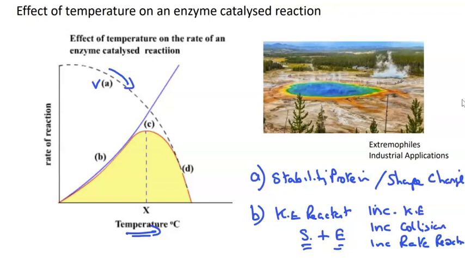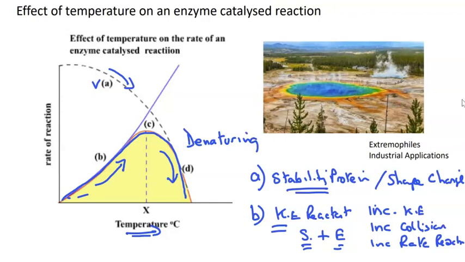These two separate ideas, one of a loss of stability and the other of increasing rate of reaction, resolve to produce the classic asymmetrical curve of increasing rate of reaction at B and a rapid decline and loss of rate of reaction at D, which of course is known as denaturing, an irreversible change in the shape and the function of the enzyme.